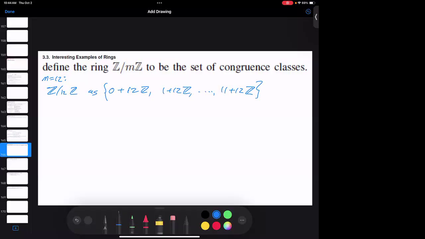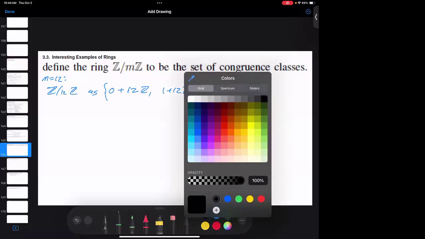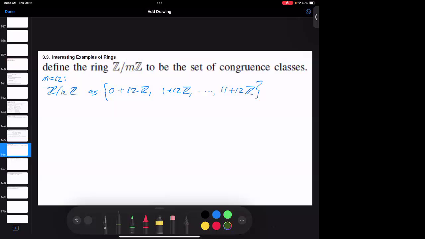And if I take 7 plus 12Z and 9 plus 12Z, what would that equal?